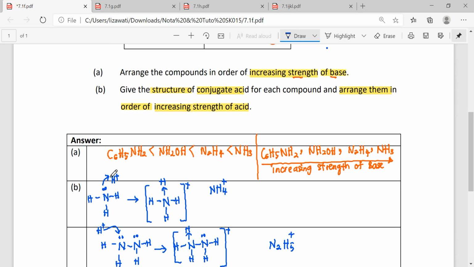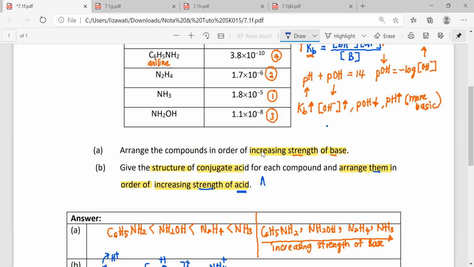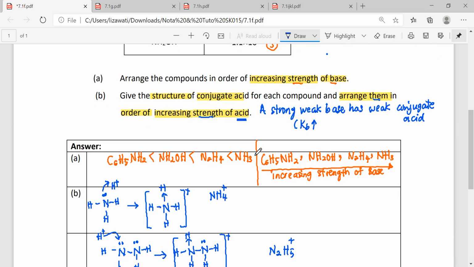Next, for the second question, remember that a stronger weak base, which means the Kb value is high, has a weak conjugate acid. So the arrangement of increasing acid strength becomes inverse.